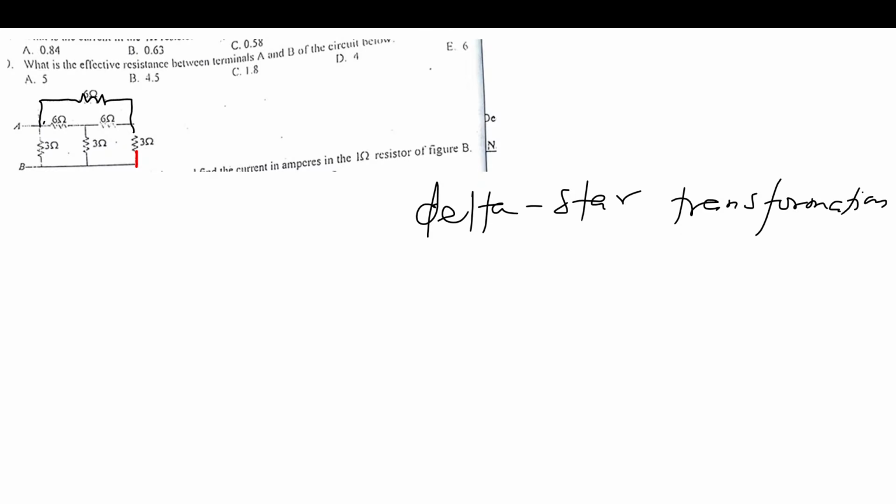Alright, so if the resistors are connected to each other without a common point, they are said to be connected in delta. For example, something like this. You can see they are connected to each other. This resistor here is connected to this, also connected to this, but without a common point. They are said to be connected in delta.